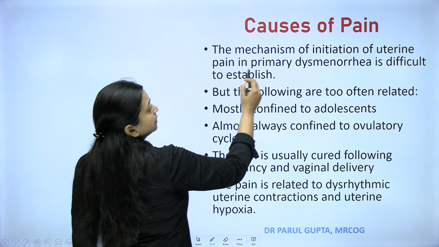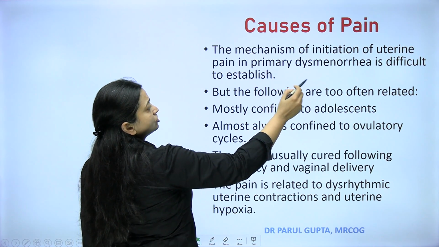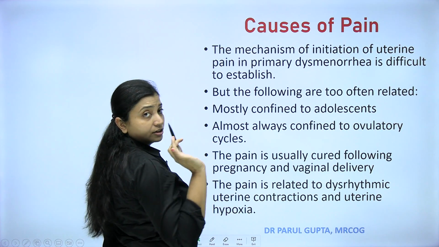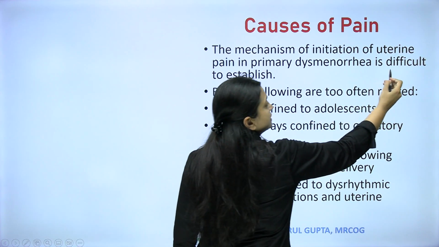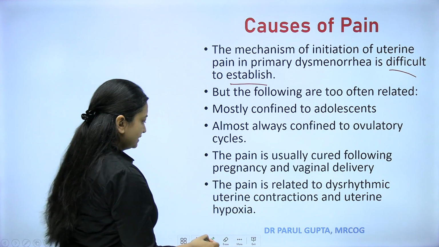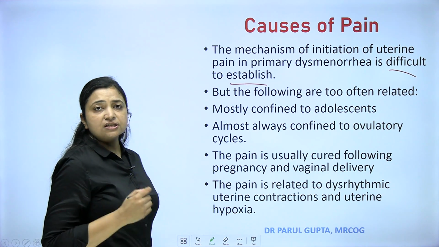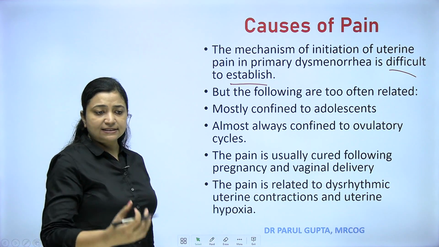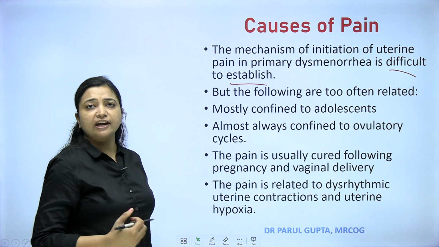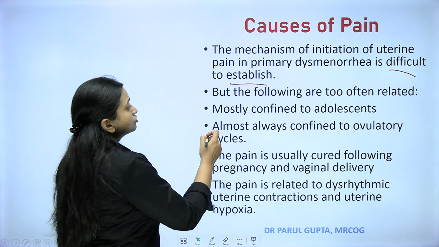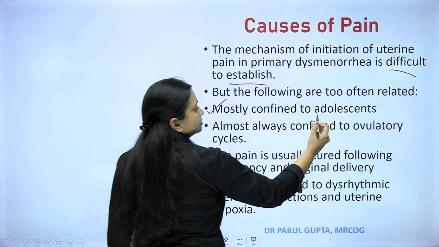Why? The mechanism of initiation of uterine pain is difficult to establish. No one knows the exact reason, but there are some associations and theories by which you can predict that this is a high risk patient who may have primary dysmenorrhea. It is mostly confined to adolescents.